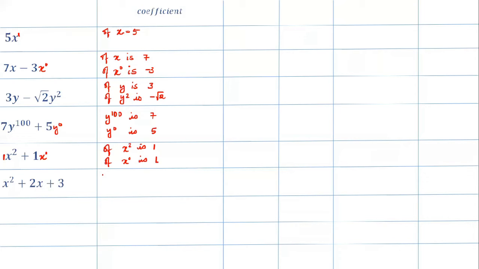Here coefficient of x square is 1. Nothing is there, so it is 1. Coefficient of x is 2. Coefficient of x to the power 0 is 3.